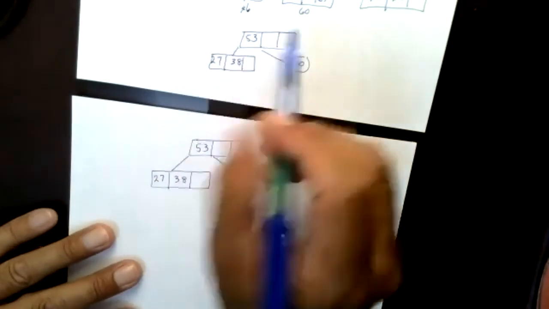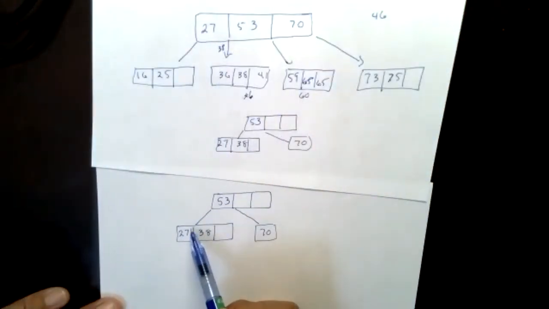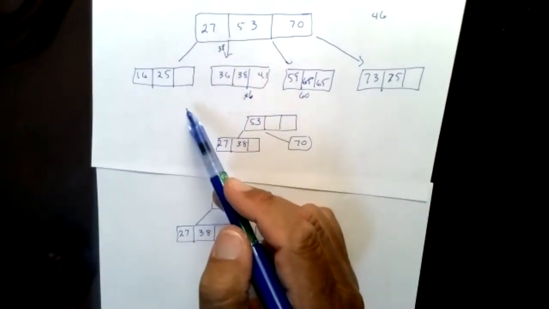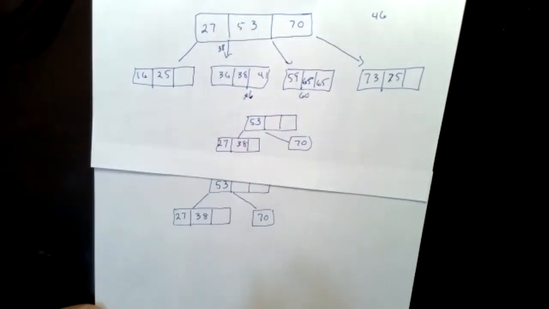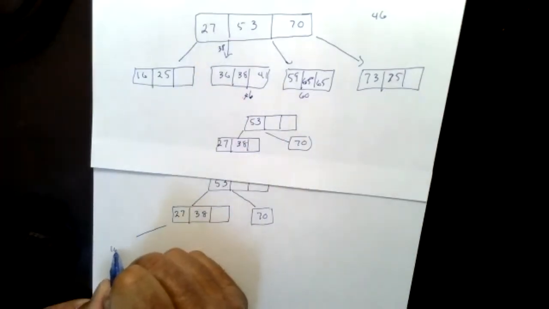Now I still have this. I need a big whiteboard. Even though 27 moved down, its left tree stayed. So over here to the left of 27 is still going to be the 16 and the 25.